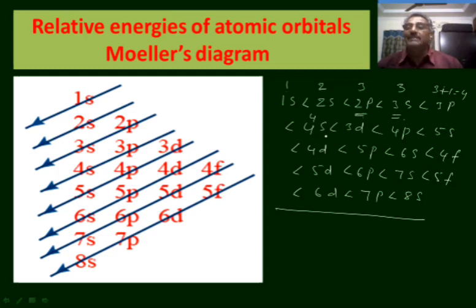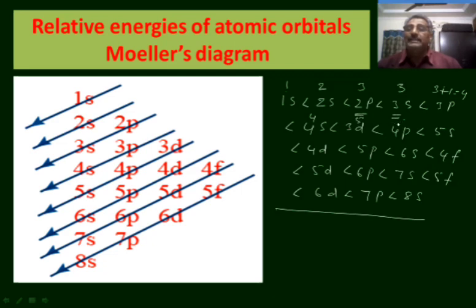If the n plus l values of two orbitals are the same, then among those two orbitals, the orbital which has the lowest value of n, that is lowest principal quantum number, possesses lower energy. According to that, the 3p orbital has lower energy than 4s orbital, though the n plus l values of 3p and 4s are 4.